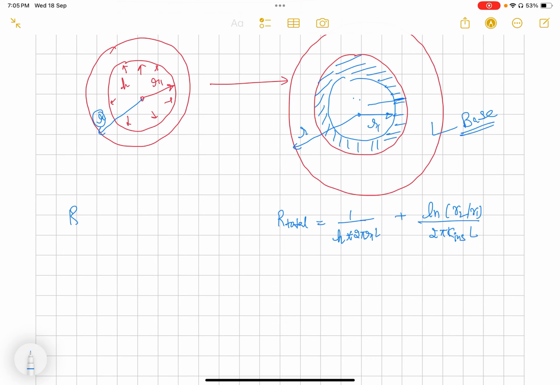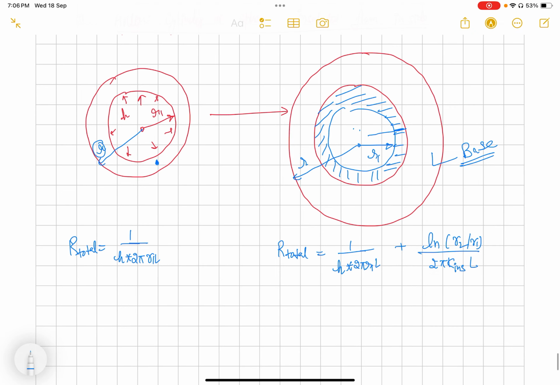And R total without insulation, only convective resistance will be there from inside, right?